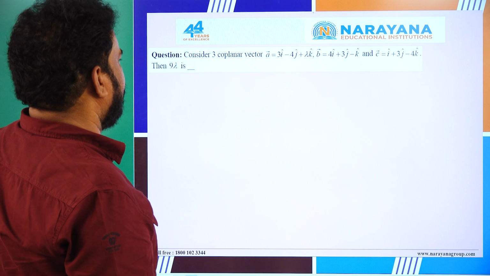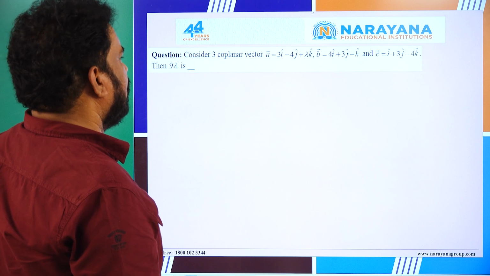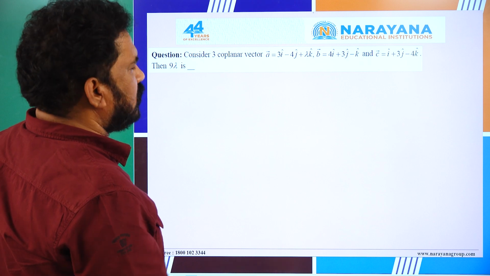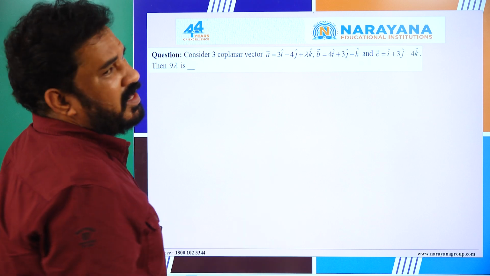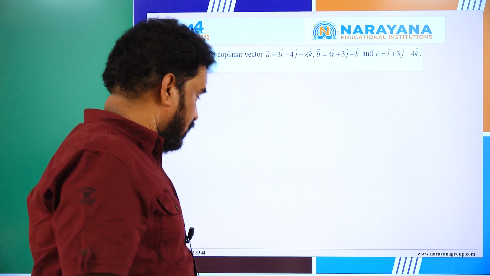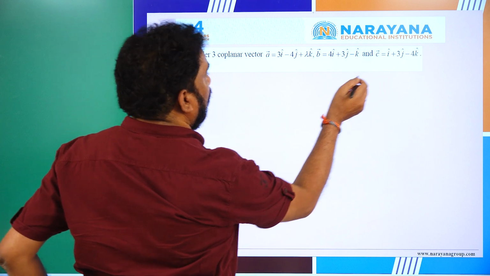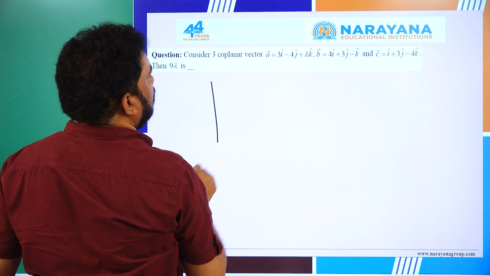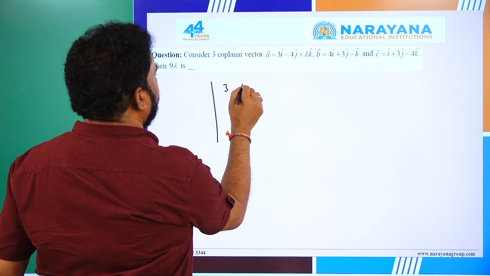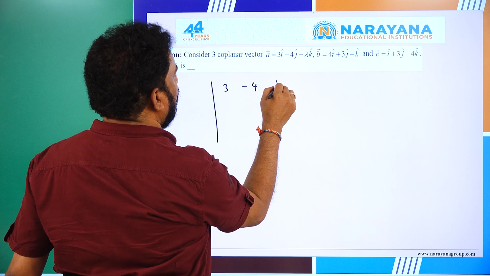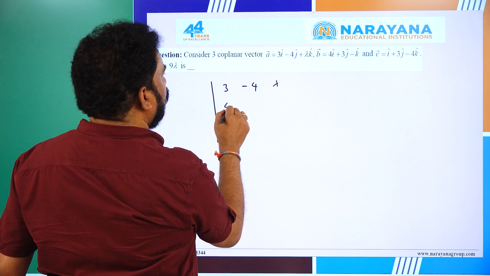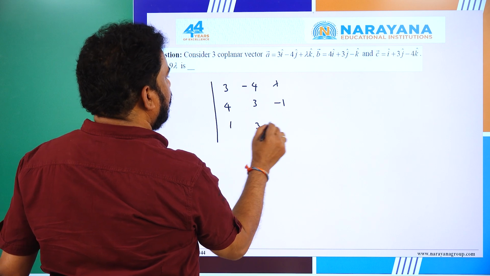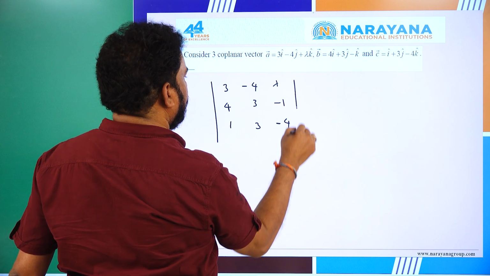Consider 3 coplanar vectors. A bar is equal to 3i bar minus 4j bar plus something. So 3 vectors are given, and they are coplanar. Very simple question. Simply take the determinant: 3, minus 4, lambda; 4, 3, minus 1; 1, 3, minus 4.